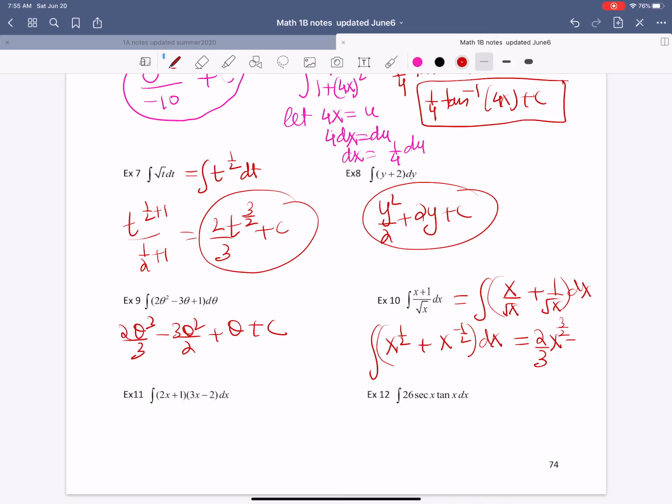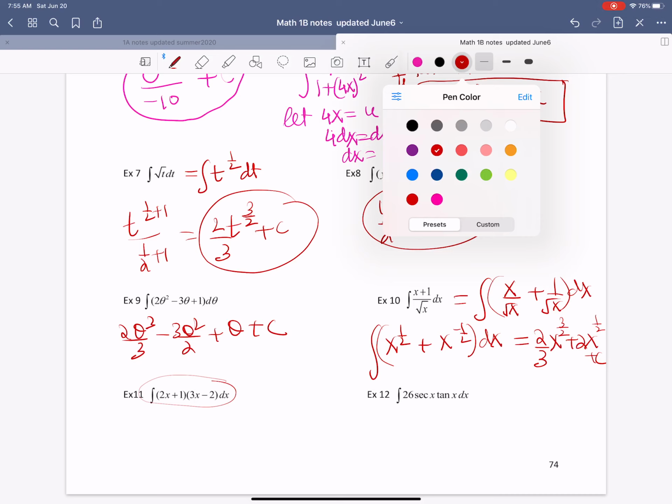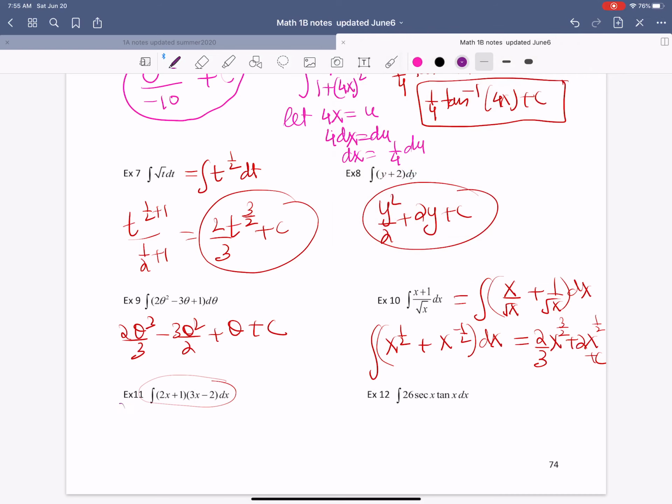No product rule for integral, so we must multiply the parentheses. So once we multiply the parentheses, FOIL these, I am going to be left with 6x squared minus 4x plus 3x minus 2 dx.